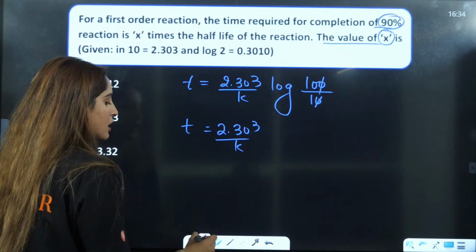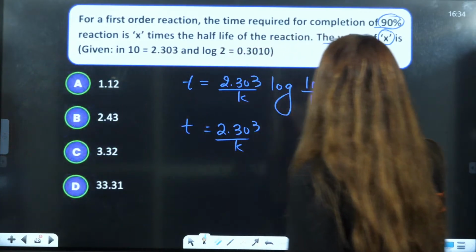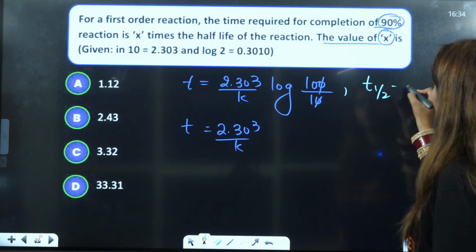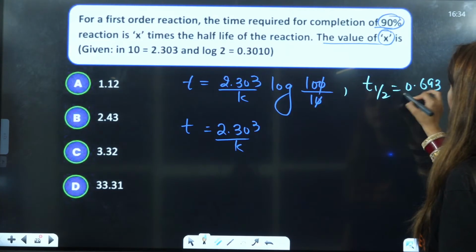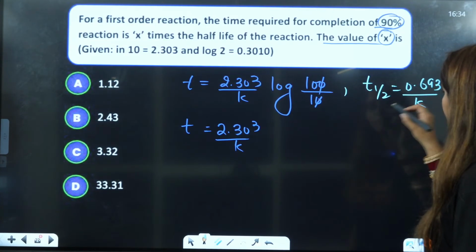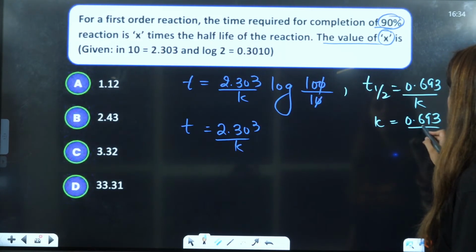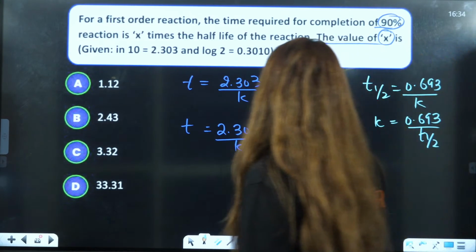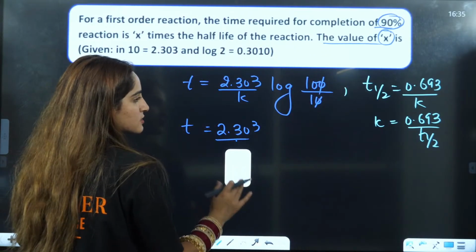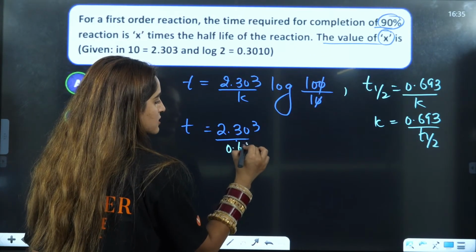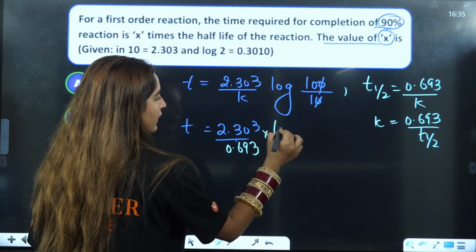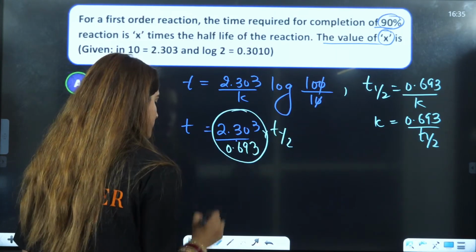Now we also know that the value of t half equals 0.693 divided by K. So K equals 0.693 divided by t half. If I put the value of K here, that is 0.693 divided by t half, what is this value?